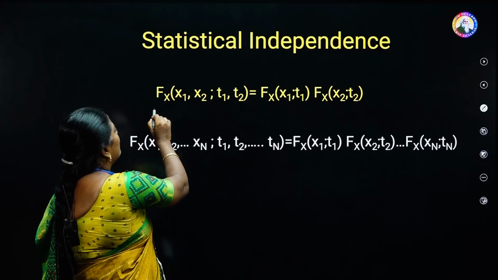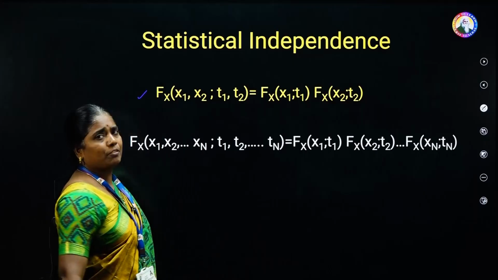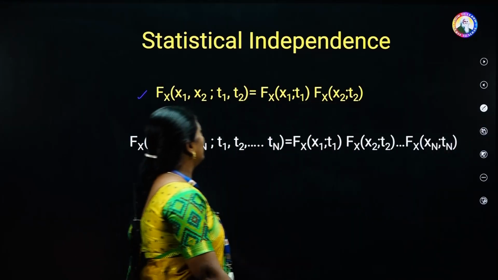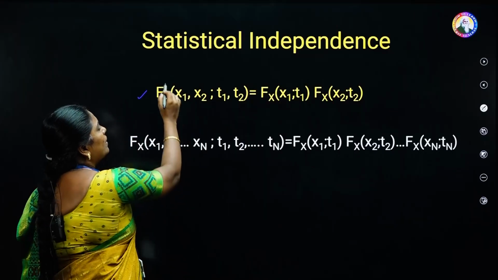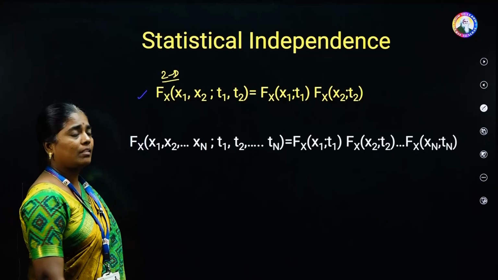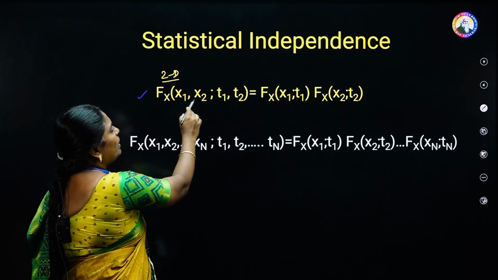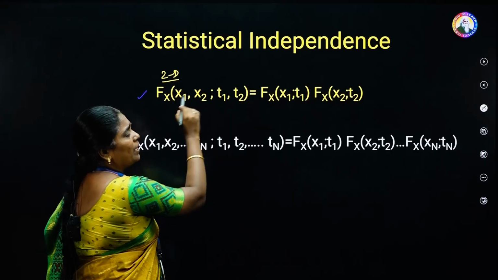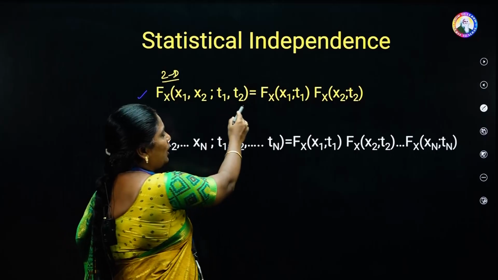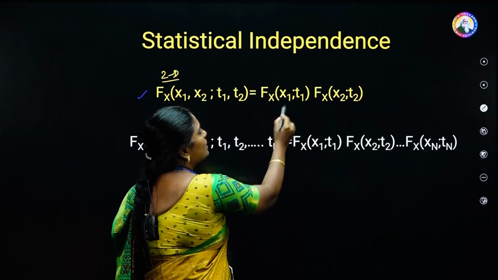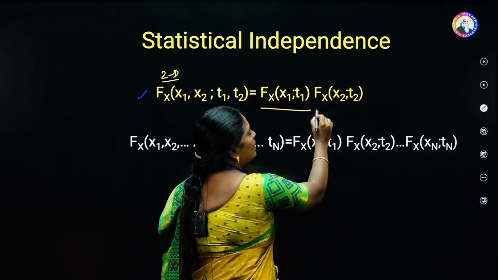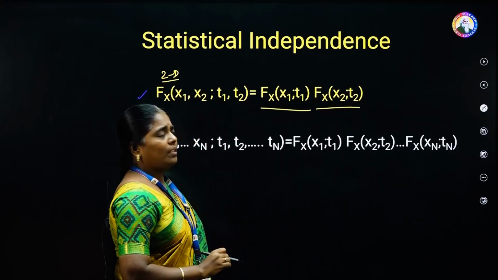General independence is specifically known as statistical independence. For the case of second order, this is a second order or two-dimensional distribution function, capital F_X(x1, x2; t1, t2). That is a joint distribution function, equal to, here if you see the first term, F_X(x1; t1), and the second term, F_X(x2; t2).